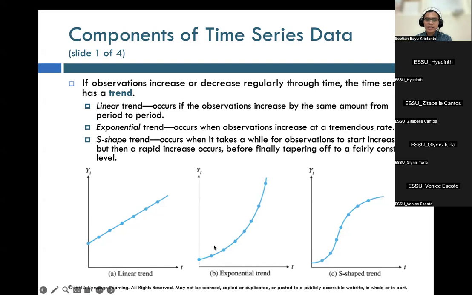But if you are in the exponential trend, sometimes it's not easy. It could happen too in S-shaped trends, because they have lots of factors that could make different analysis or different values while we are combining the axes between X and T here.